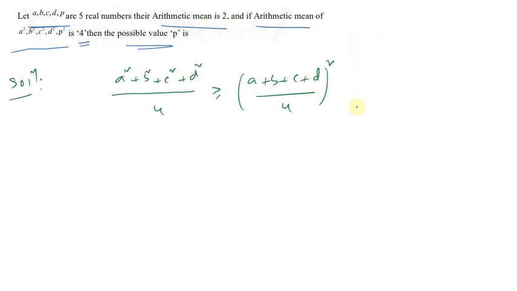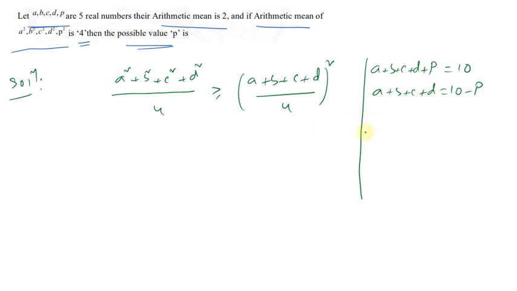So now, according to the given data, a, b, c, d, p are 5 real numbers. Their arithmetic mean is 2. So (a plus b plus c plus d plus p) by 5 is equal to 2. So you are getting 10. Therefore a plus b plus c plus d is equal to 10 minus p. You are able to evaluate this value.